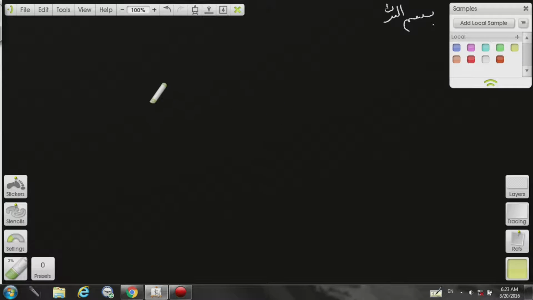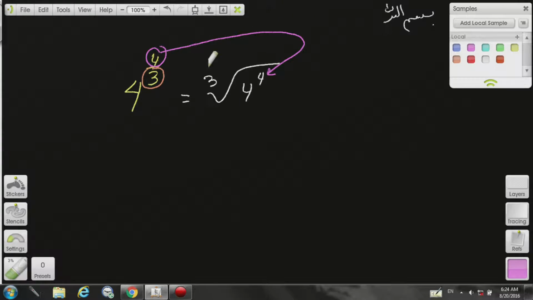So now if I have, for example, 4 to the power of 4/3, okay, this means the third root of 4 to the 4th. The 4th stays here, and this is the root. Okay, so that can be rewritten as this.